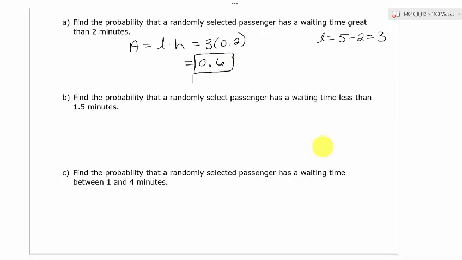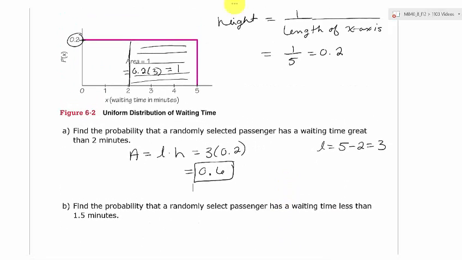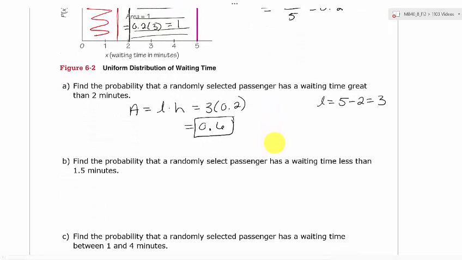Find the probability that a randomly selected passenger has a wait time less than 1.5 minutes. So less than 1.5 minutes. So here's 1.5, and we want less than that. So that's going to be the area of this red rectangle. The length of that: the bigger number is 1.5 minus 0, so we have 1.5 for our length.